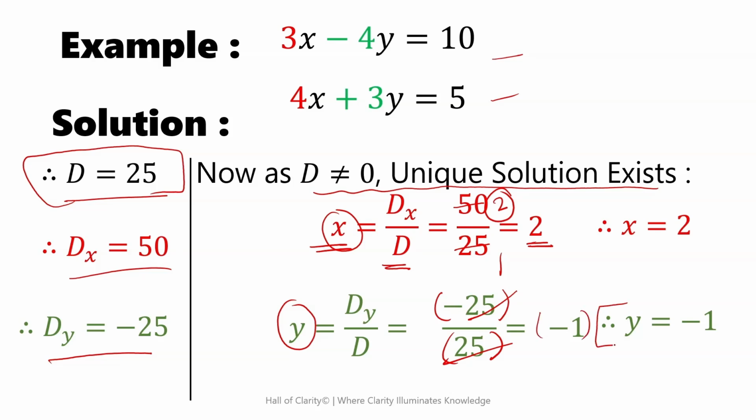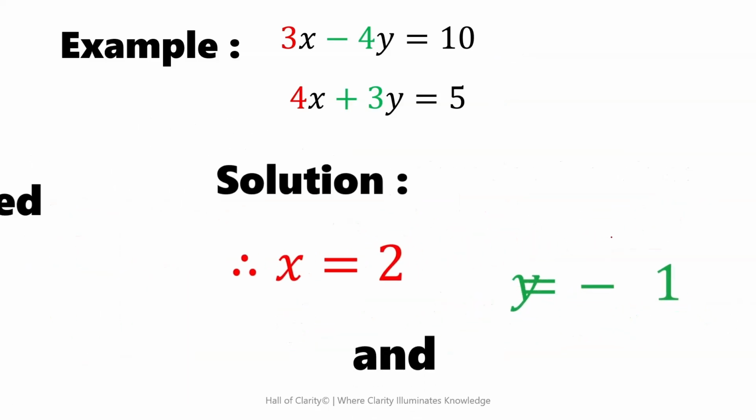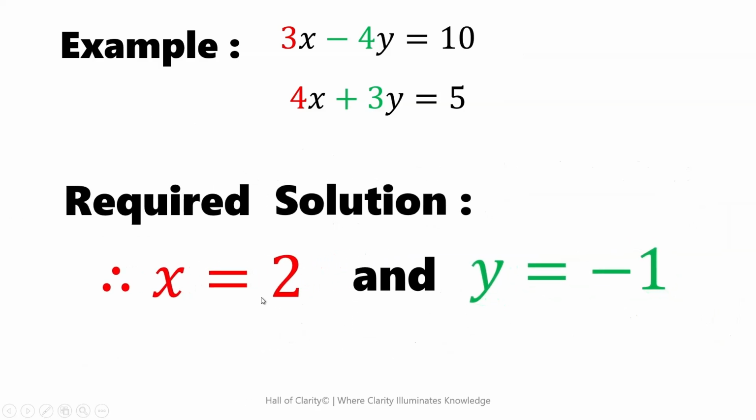So the value of y is minus 1. Value of x is 2. Then our final answer will be x is equal to 2 and y is equal to minus 1. So in this way we use Cramer's rule to find out the solution of simultaneous equations with two variables.